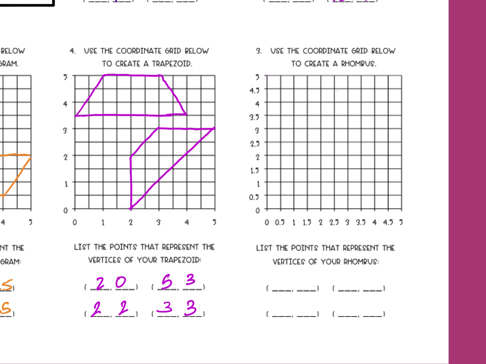I guess I could do this, and I start here. No, that's not going to work. But I can't get spots. That's almost a rhombus. But then I don't have coordinates, so that didn't really count.